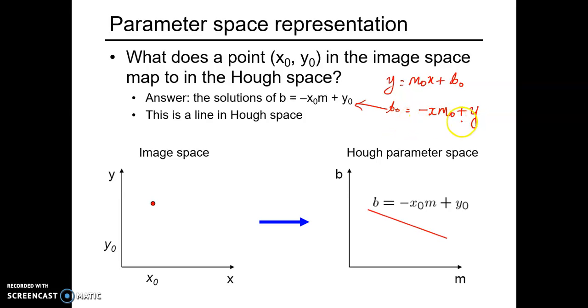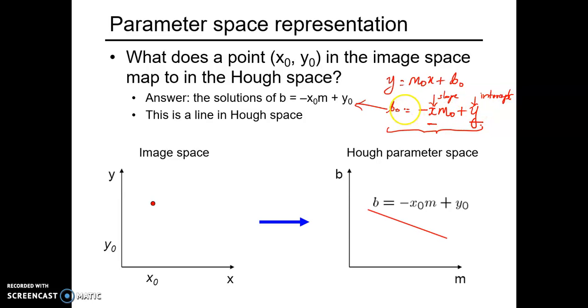If you analyze this, for a particular point (x, y) in the image space, you can take different combinations of b0 and m0. Why? Because this equation also represents a line, with minus x as the slope and y as the y-intercept.